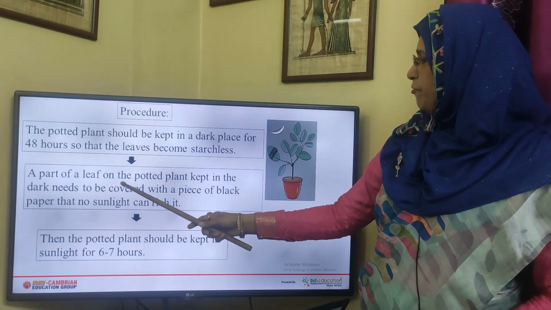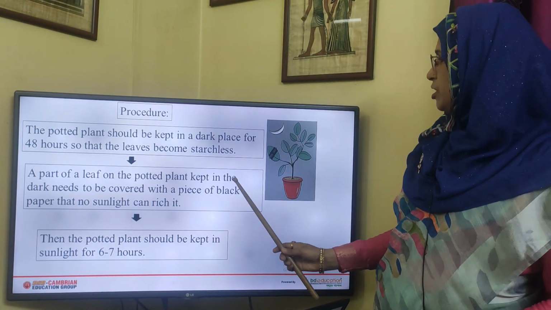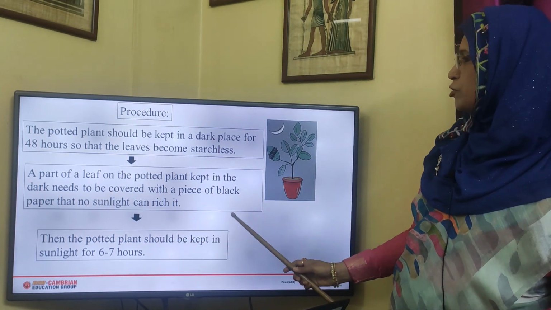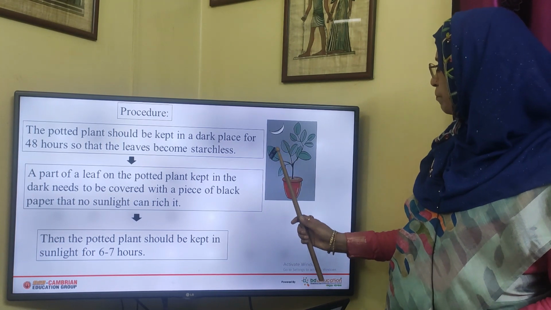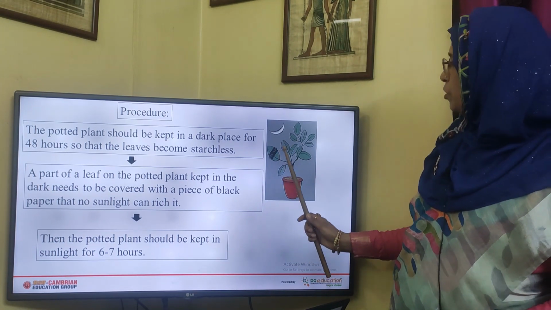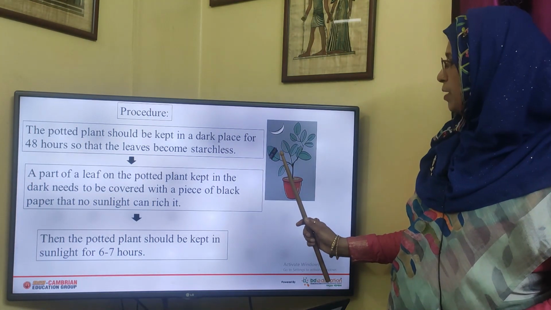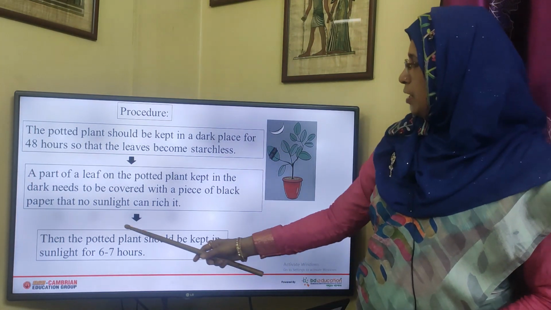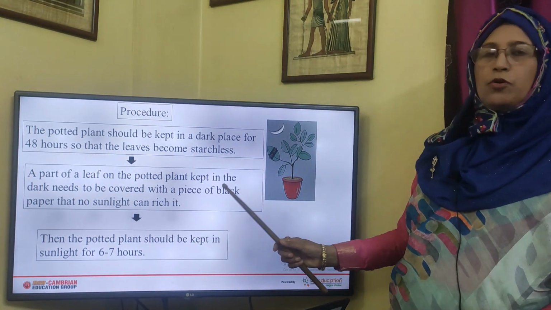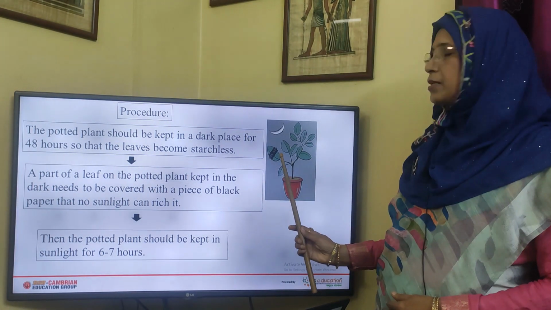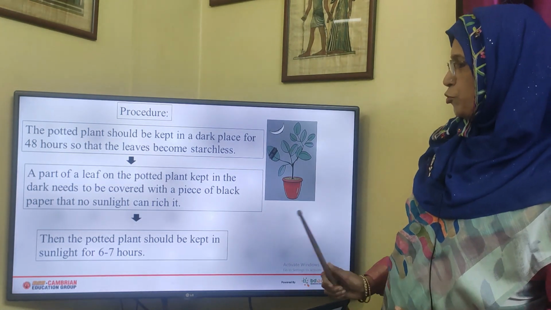A part of a leaf on the potted plant kept in the dark needs to be covered with a piece of black paper. So one of the leaves we can cover with black paper and a clip, so that no sunlight can enter the covered portion.